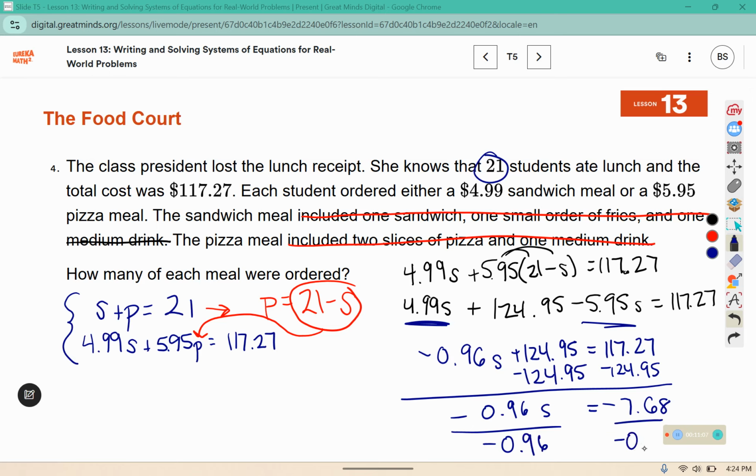Running out of some space here, but 13 pizza meals and 8 sandwich meals were ordered.